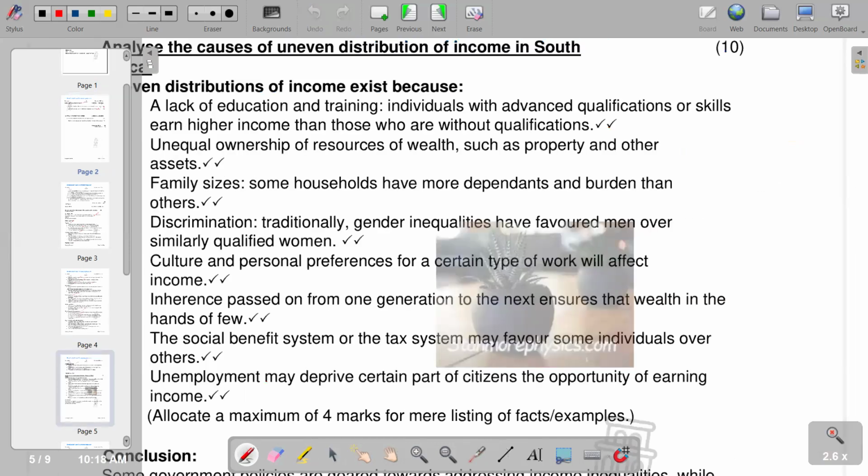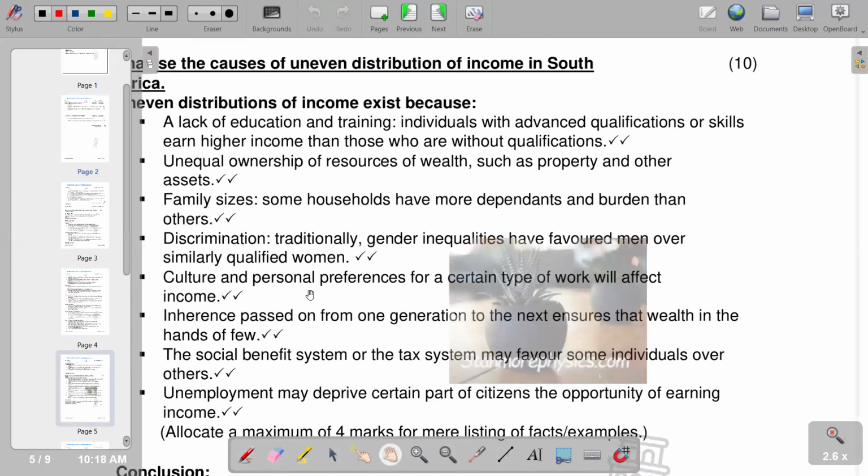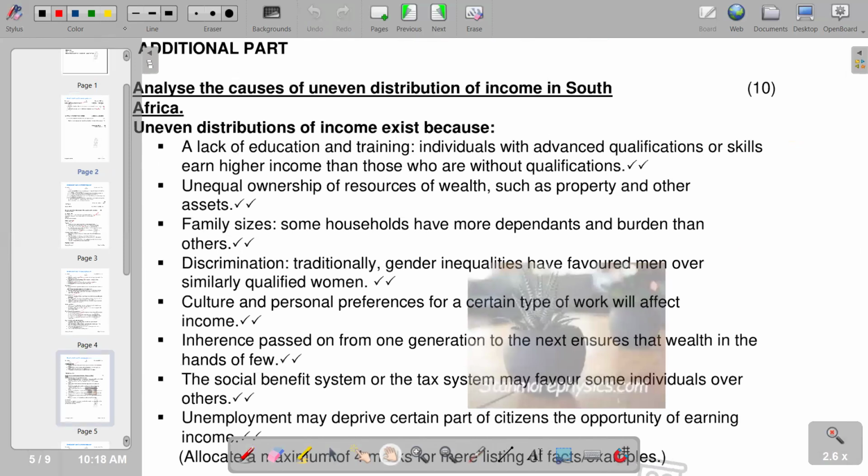So, the causes: we have lack of education and training as one of the causes. We've got unequal ownership of resources of wealth, such as property and other assets. We also have family sizes, as some households have more dependents and family burden than others. Also discrimination: traditionally, we can have gender discrimination, where inequalities have favored men over women.